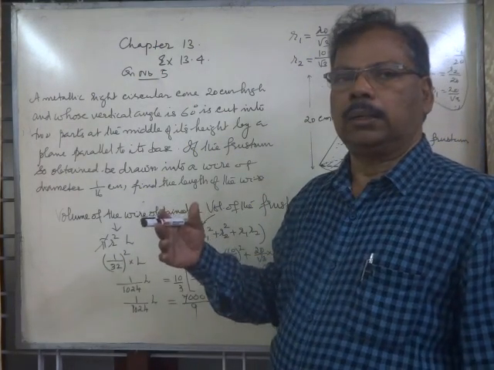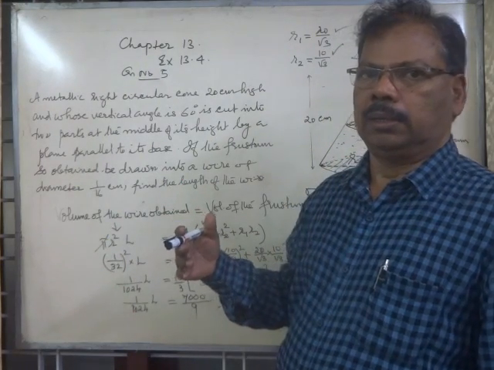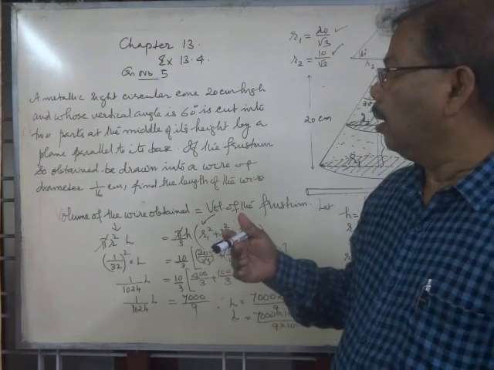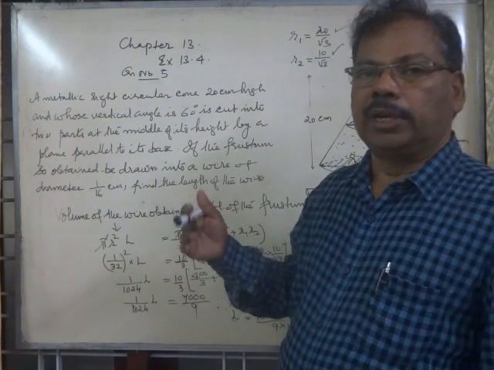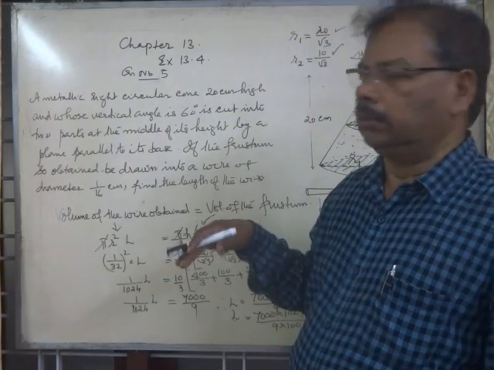A right circular cone. It is metallic. Its height is 20 cm. Vertical angle 60 degree. It is cut into two pieces at the middle.